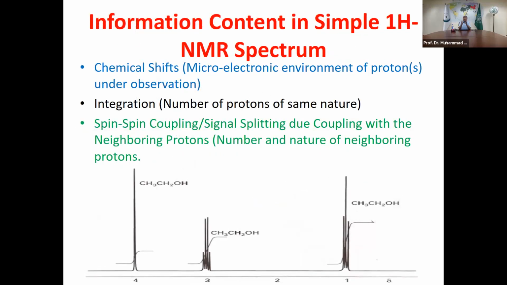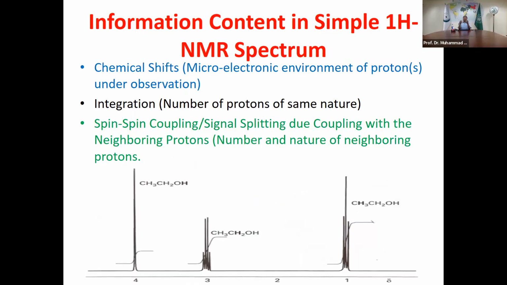So, information content in a simple proton NMR spectrum: chemical shift. You get chemical shift. Chemical shifts, this is what chemists are looking for, because chemical shifts represent chemical environment.